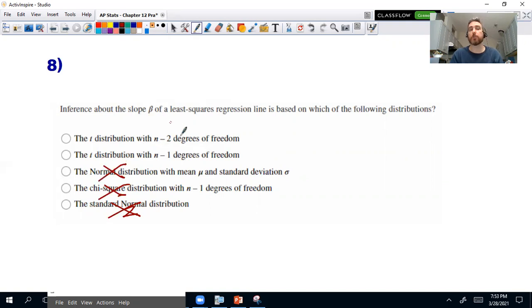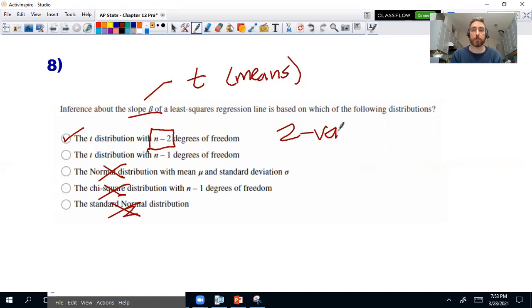It's t distributions, but because it's 2 variables, this is the only one where you have to subtract 2 from the number in the sample for your degrees of freedom. So slopes are always t because t's are always dealing with means. And because this is 2 variables, you have to subtract 2 from the number of data points for your tcdf.